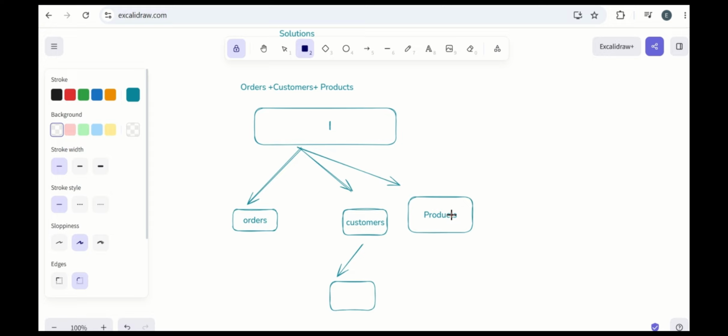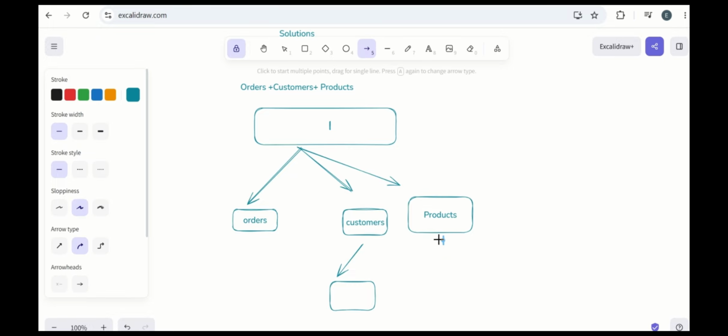Maybe there's repetition of the product category, we can decide to put another table specifically for that.